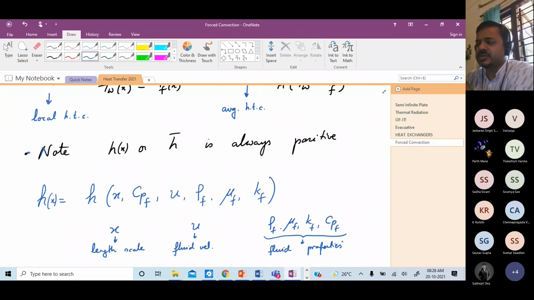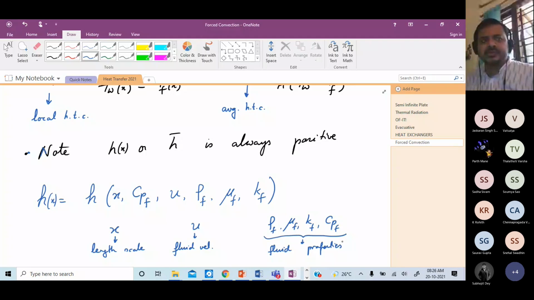Viscosity comes in two parameters. One is called Reynolds number, another is called Prandtl number. We will talk about it. Okay, and what about thermal conductivity? Helps, yes. That is also obvious.